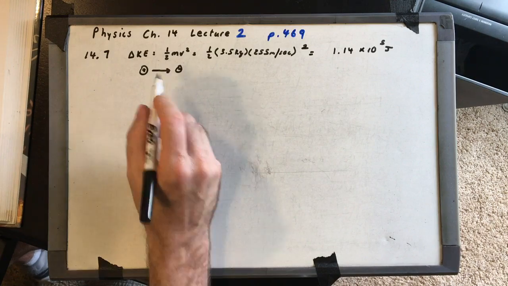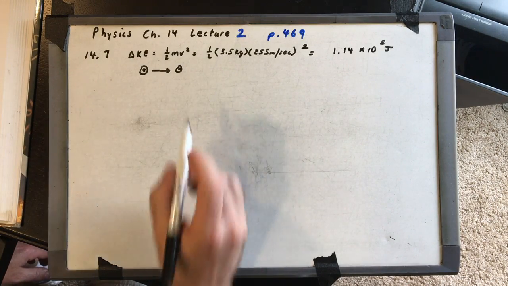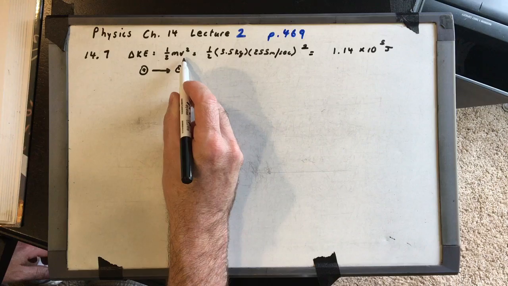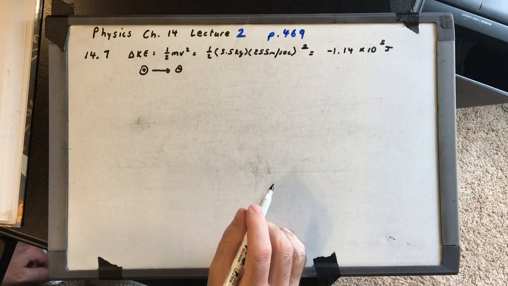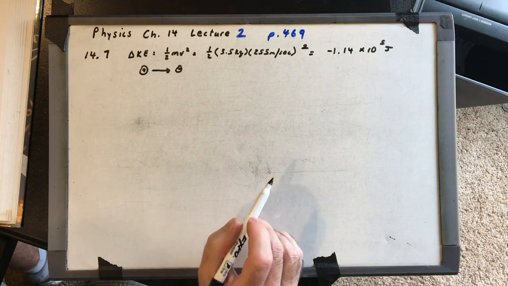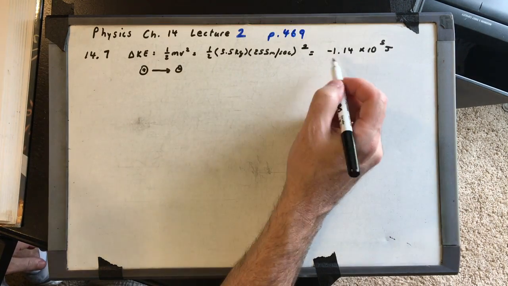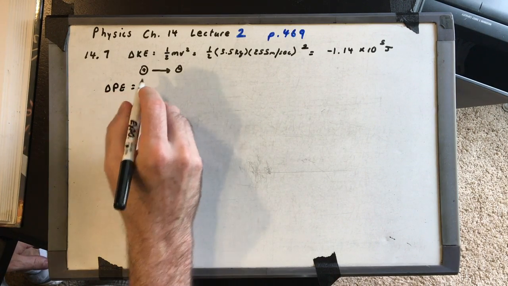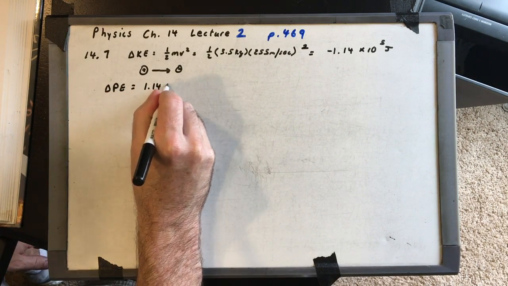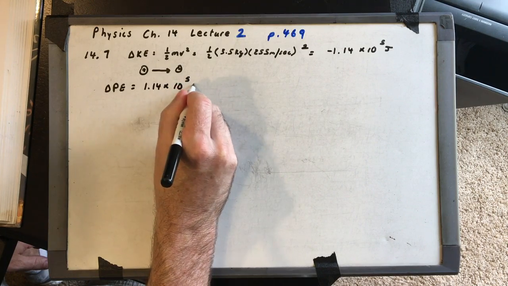So kinetic energy is getting slower. All right, velocity is reducing. That means kinetic energy must be negative. Okay? It's slowing down. Kinetic energy is negative. Therefore, the potential energy is positive. 1.14 times 10 to the 5th joules.